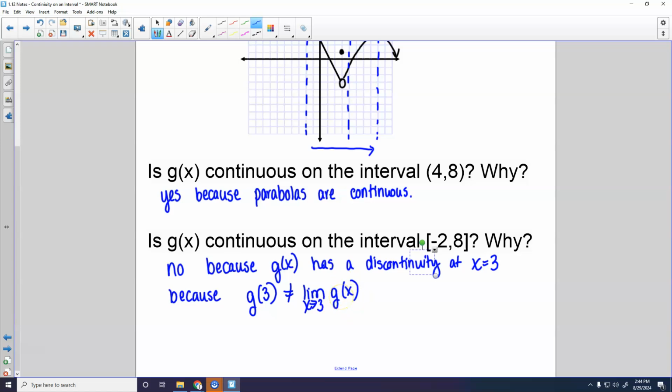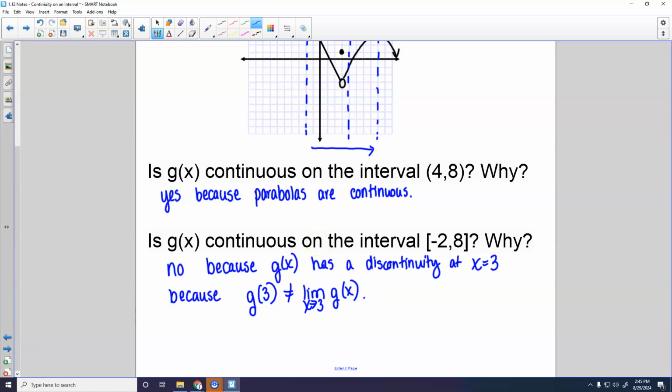So our limit would be down here at the open circle, and our value of the function, our g of 3, is up here at the colored in circle, and those don't match, right? So that tells us that we're not continuous there. You'll see, I think in some of the questions that you're going to get tonight, it'll be asking you for a reason.